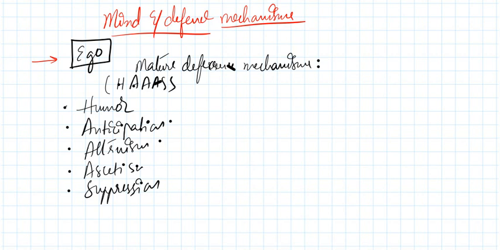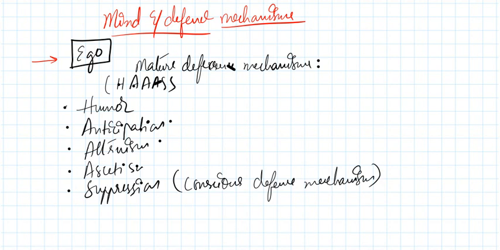Suppression is actually a conscious defense mechanism. Remember, suppression is a conscious defense mechanism, and finally sublimation. So these 5 or 6 features you should remember: humor, anticipation, altruism, asceticism, suppression, and sublimation, right?